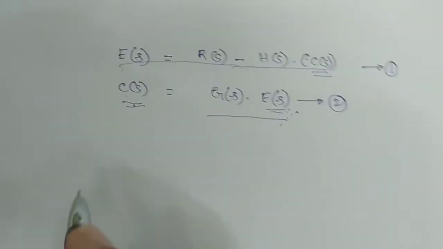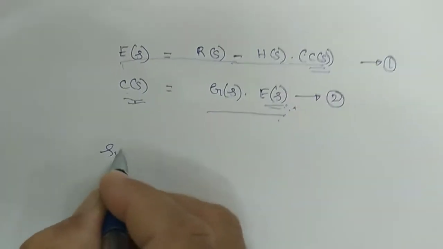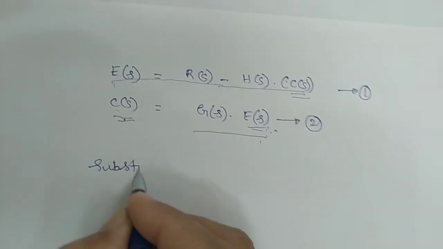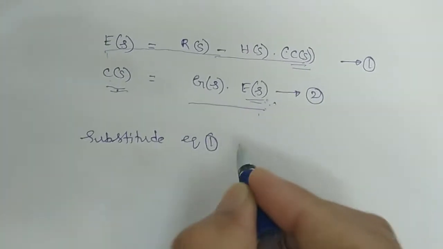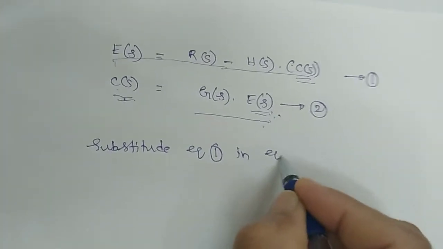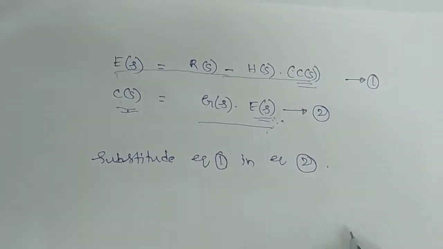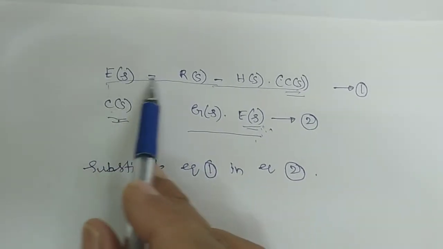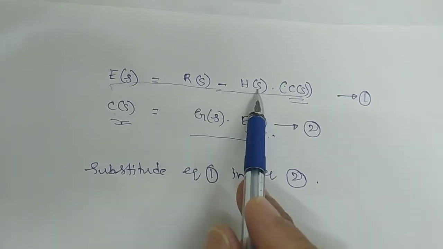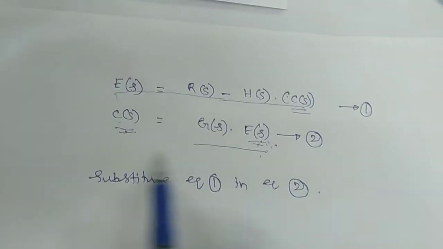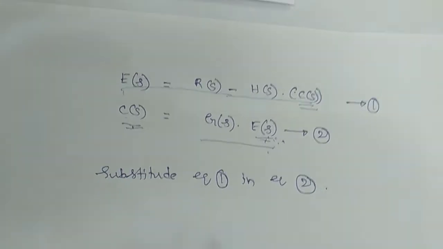Now I will substitute equation 1 in equation 2, meaning this total E(s) value I will substitute here. Then I will have the expression for C(s).